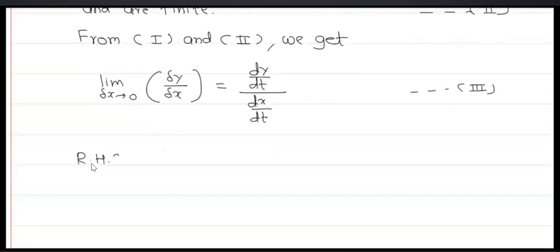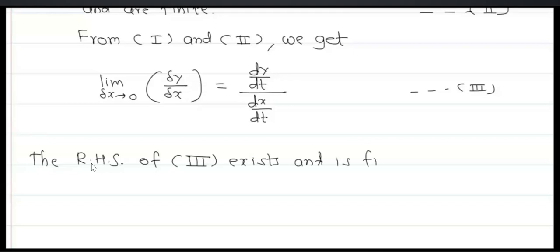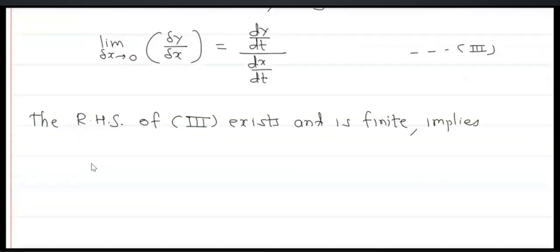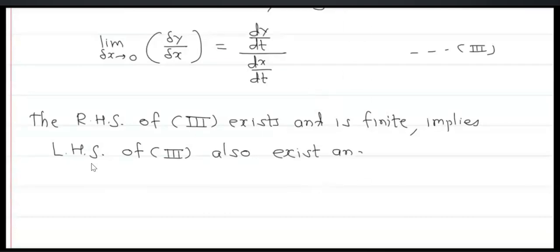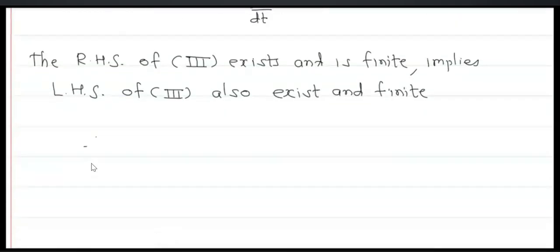This is the third. Now the limit on the RHS exists, so the limit on the LHS also exists. The RHS of the third exists and is finite, which implies the LHS of the third also exists and is finite.